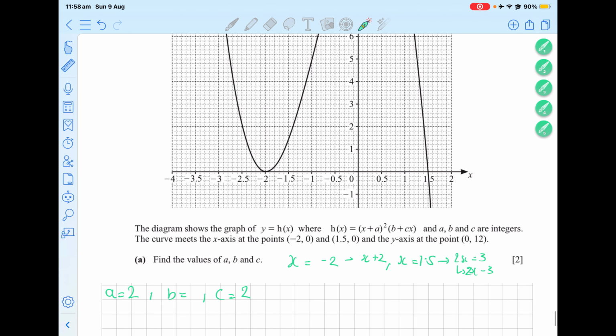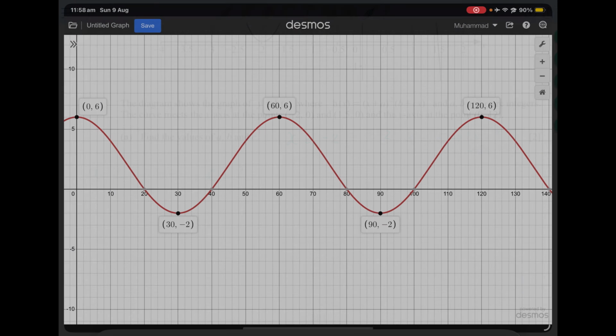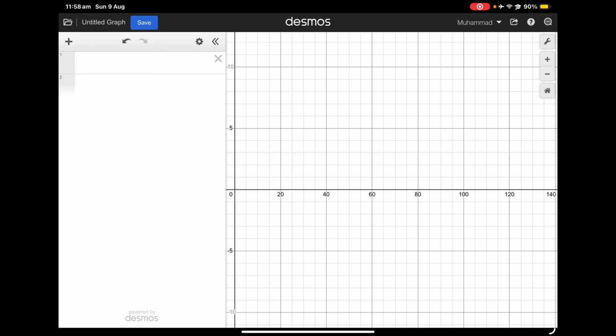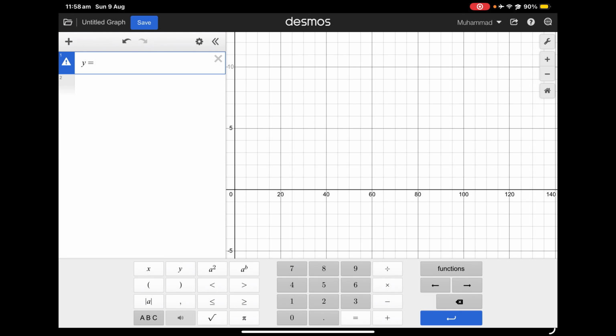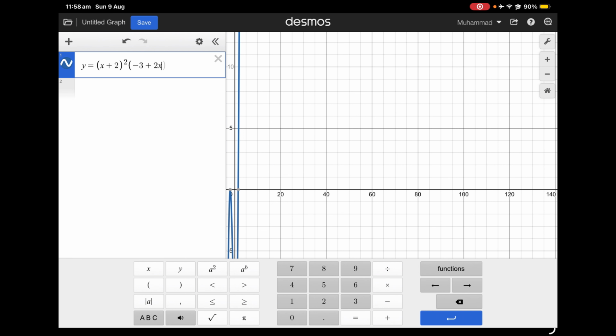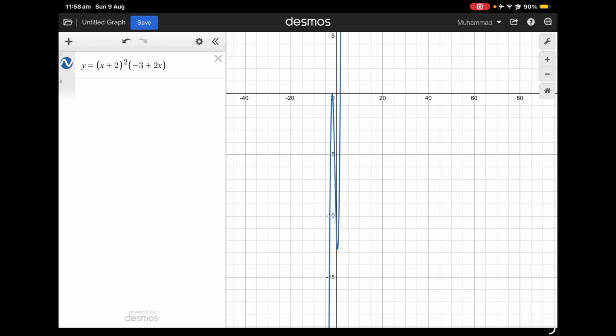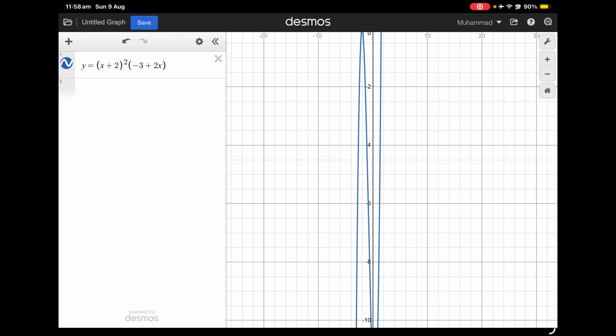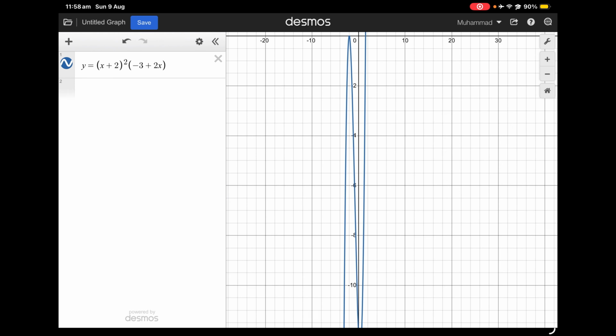You know what, let's also graph this out real quick. Y equals x plus 2 whole squared into -3 plus 2x. So you can clearly see it intersects at 2 and -1.5. So you can clearly see that.